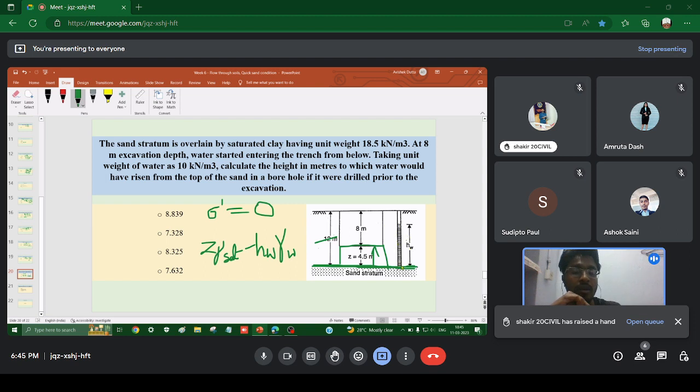Because the effective pressure has reduced, the water has risen upwards.